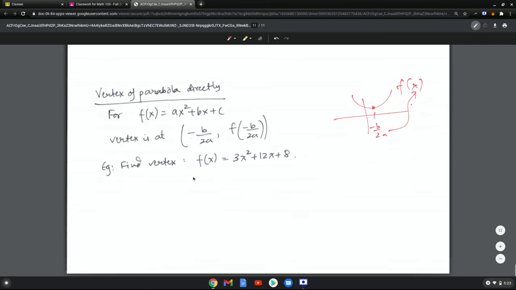Okay. So for example here, find the vertex. You can directly find the vertex, or first let's find negative b over 2a. That's negative 12 over 3, which is negative 4. And then f of negative 4 equals 3 times 16 minus 48 plus 8.